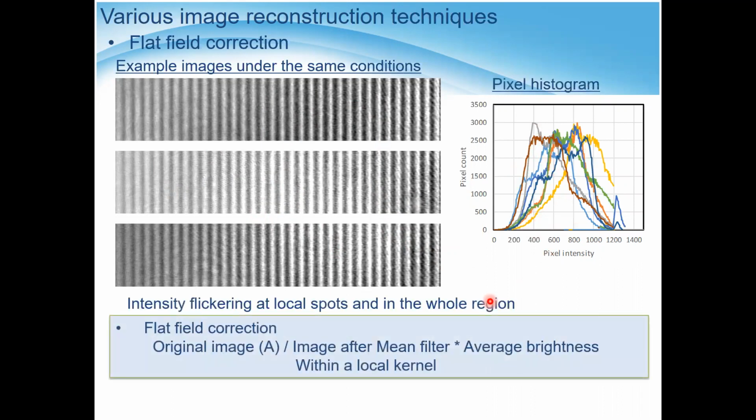To recover these images, we have to flatten the backgrounds. In the flat field correction, a local mean filter was used, and then the background was standardized.